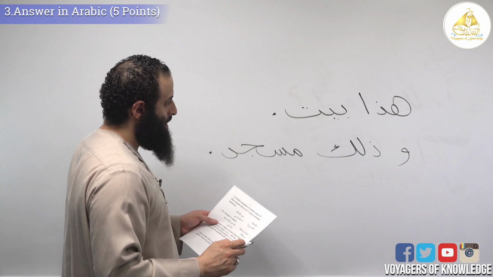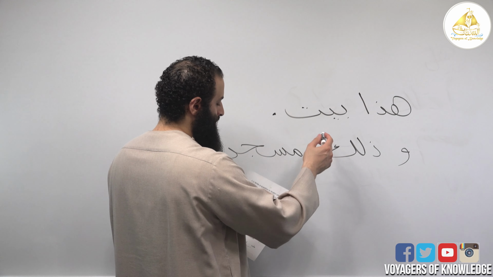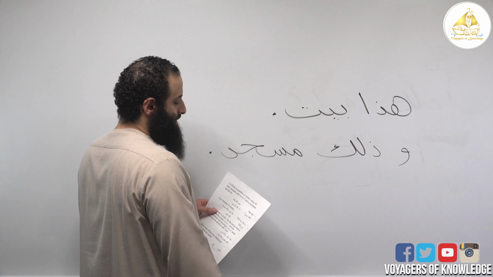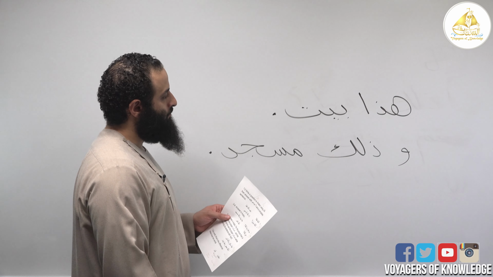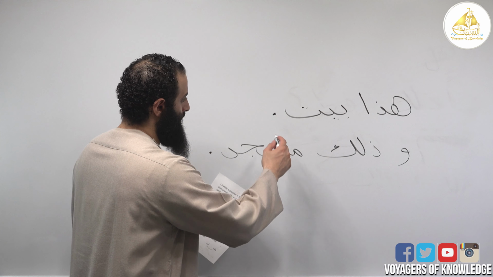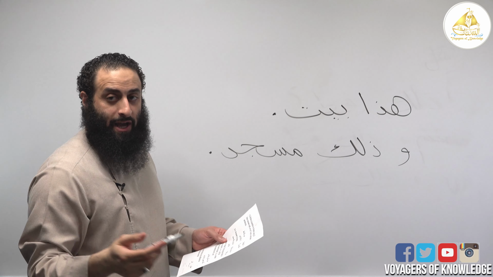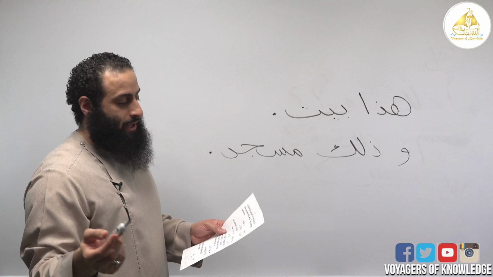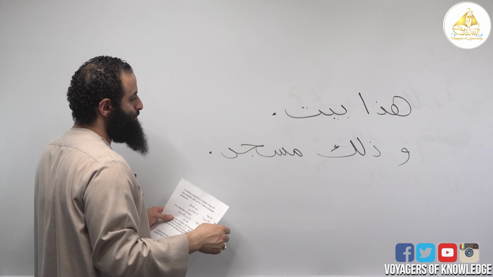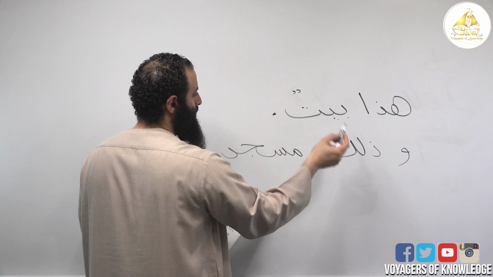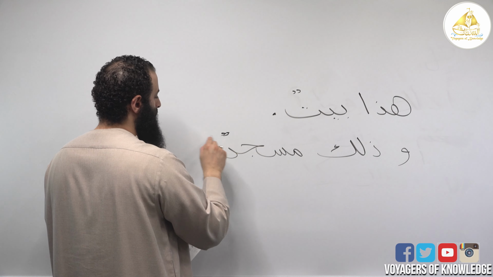Okay? So this one here, this is worth 5 points because of the whole sentence, 1, 2, 3, 4, 5. And the next one I asked you all, what is, oh, here we go. By the way, like when we say هذا بيت, you guys already know, وذلك مسجد.